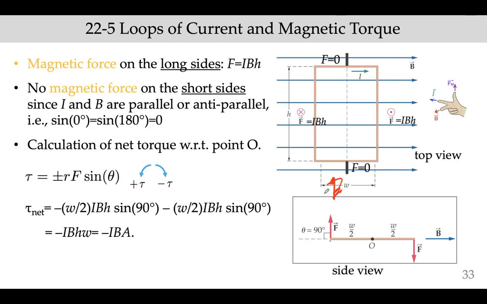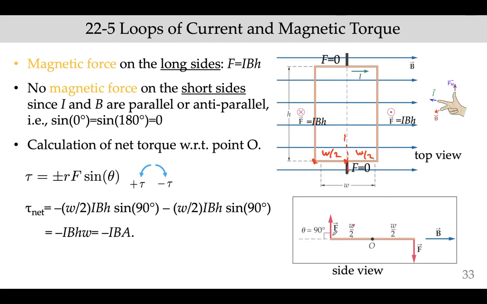Now, this distance is W, so the distance from here to here is W divided by 2, same thing here. So the axis is here, so these are the radius. So the radius is W divided by 2.